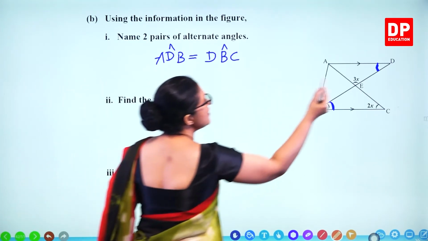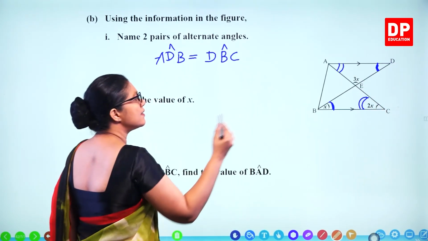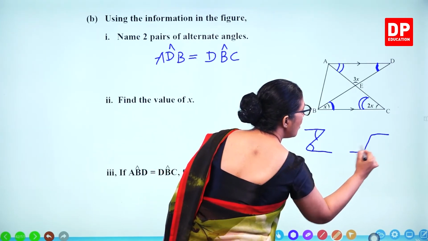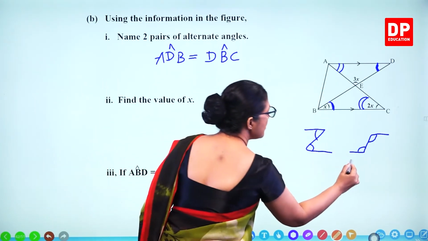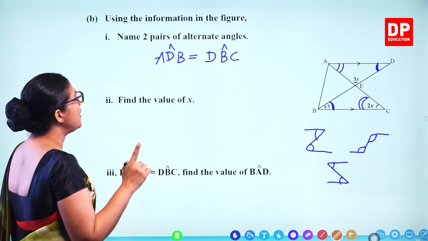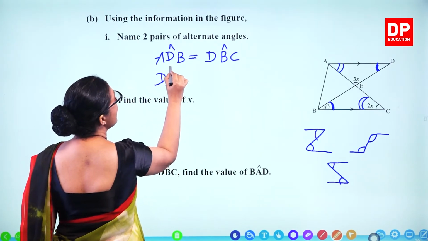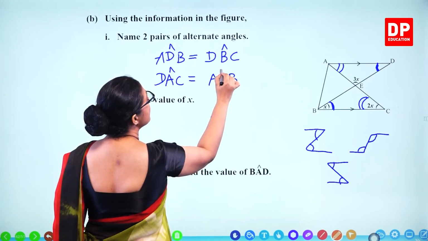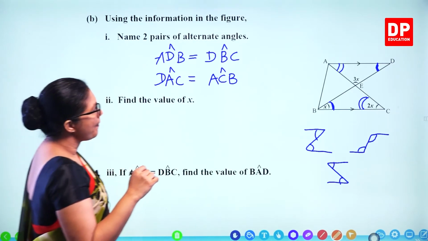Then another one, this way Z letter, this angle is same as this angle. So this way or this way you can take, I took this one this way. Alternate angles are equal when the two lines are parallel. So we'll write angle DAC and angle ACB. Those are alternate angles.